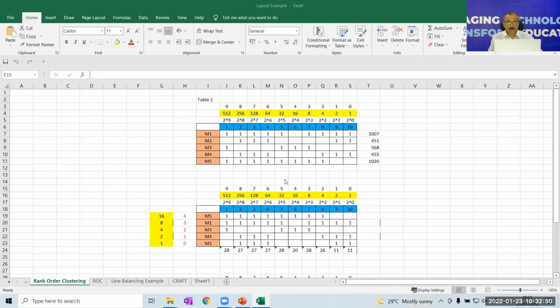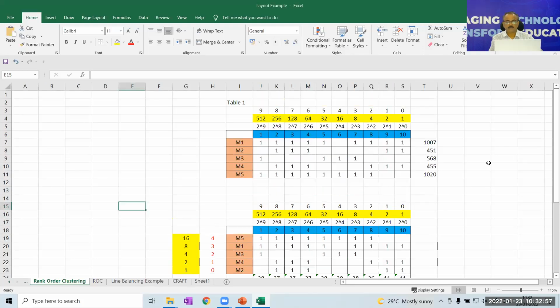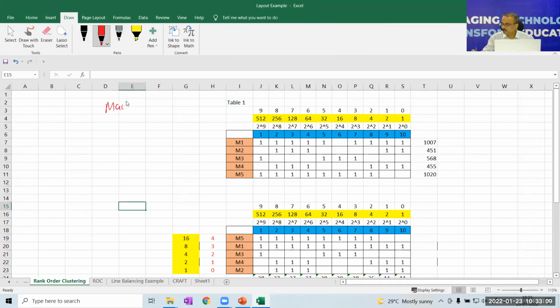So this is the same example which we will discuss. What you have to do: these are the 10 components, and this is the machine. This is called the machine-component incidence matrix.